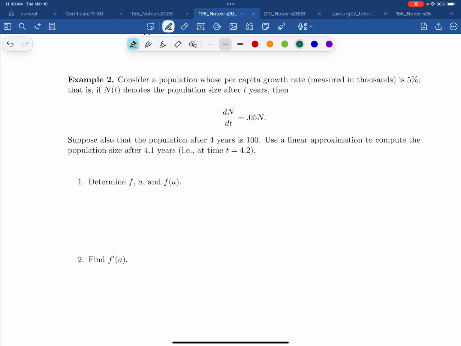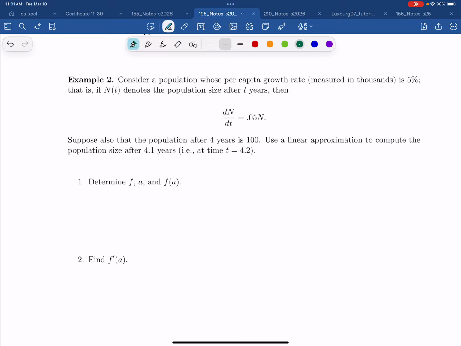It's 5% of the population. It turns out when that happens, the population can be modeled with an exponential function. But we want to approximate the population size after 4.1 years, because exponential functions don't always give nice values. And suppose we didn't have a calculator or something like that.